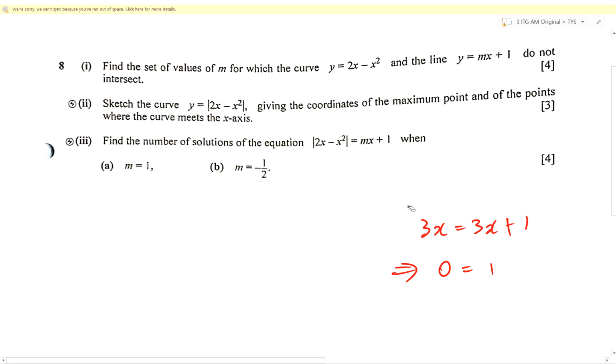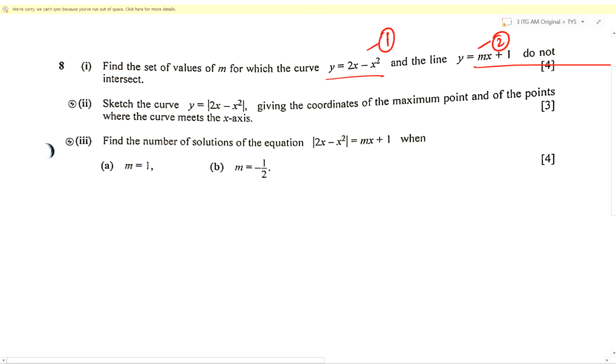Because they don't intersect. So when we are dealing with a curve and a straight line, let's call this equation number 1 and this equation number 2. Solving equations 1 and 2 simultaneously, we end up with 2x minus x squared equals mx plus 1. We change it to the form that we are comfortable with, ax squared plus bx plus c equals 0.